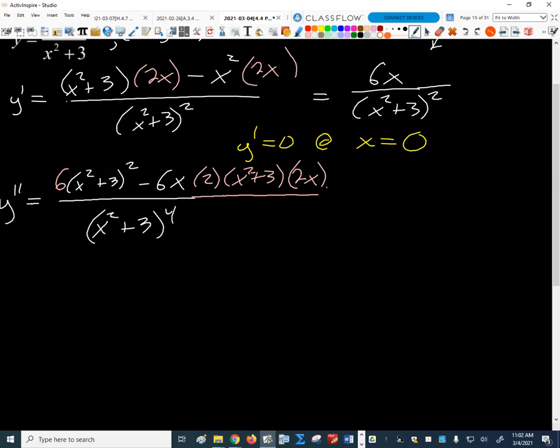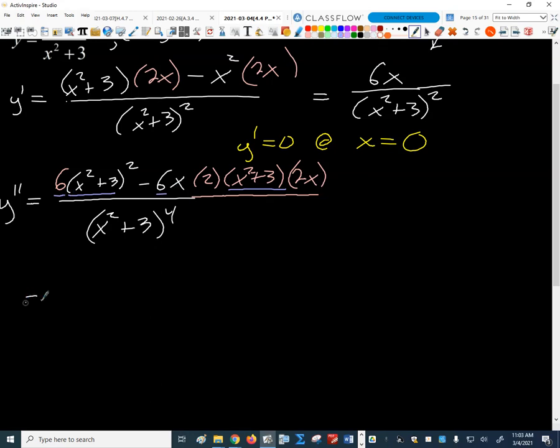So can we identify some bases that we can factor out of the top? Let's focus on the top. Well, yeah, look at this. And we've got these x squared plus 3 popping up everywhere, right? So there's an x squared plus 3 and there's an x squared plus 3. I could pull those out front. Looks like I could take a 6 out front also, right?